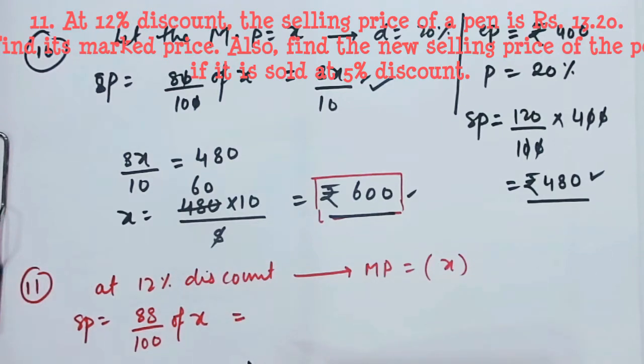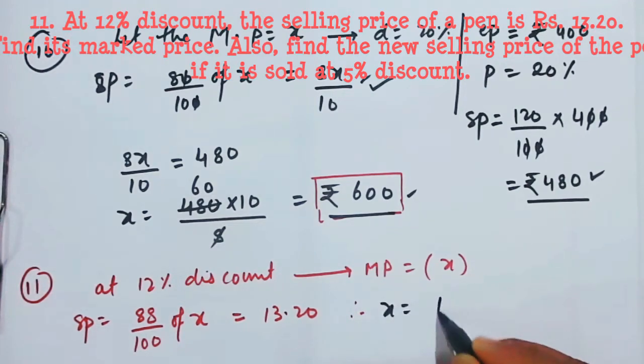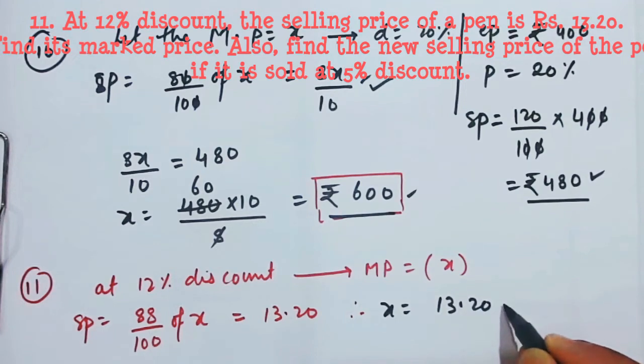What are they saying? They are saying that the selling price is 113.20. So come on, can't you solve this? Therefore, x will be equal to how much, my dear? 113.20 times 100 by 88. This will move up, this will move down.